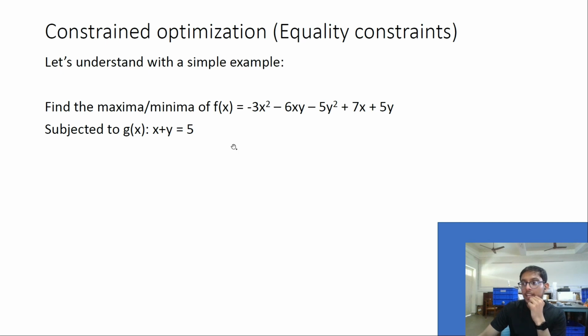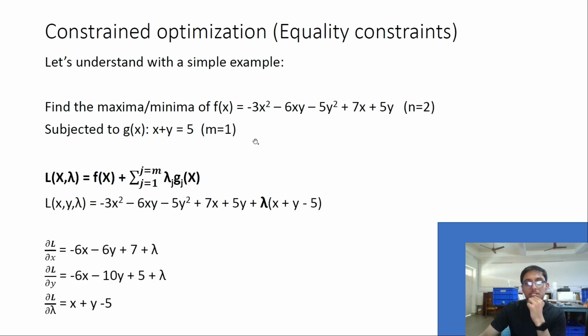So create a Lagrange equation. You just add this constraint: bring the 5 to this side, so x plus y minus 5 equal to 0, multiply it with lambda and add it to this particular equation. So we get a Lagrange equation like this, and then we have to differentiate it with respect to each of the variables.